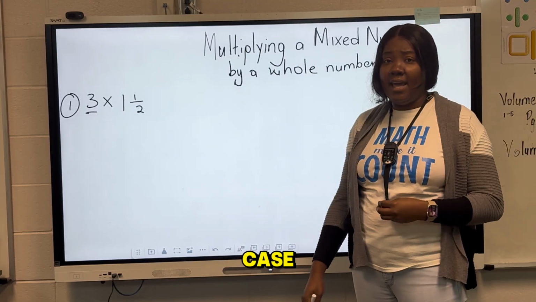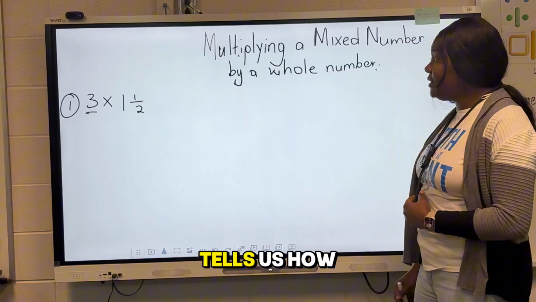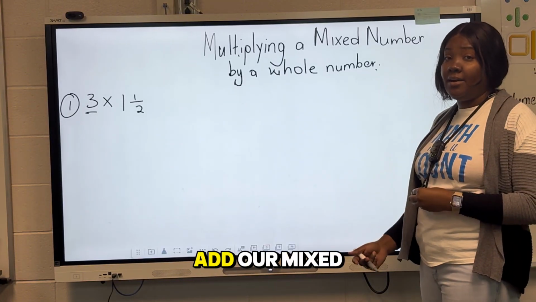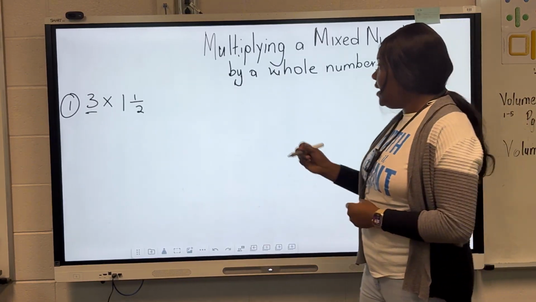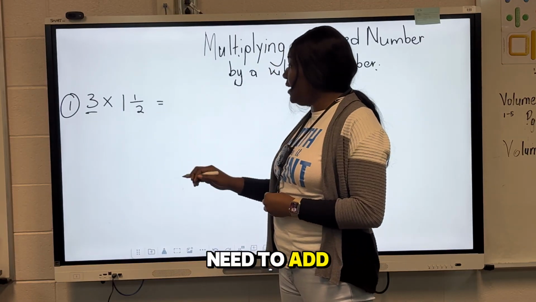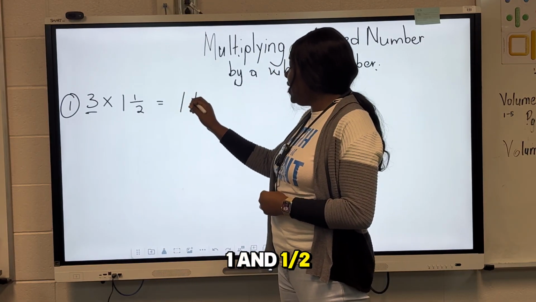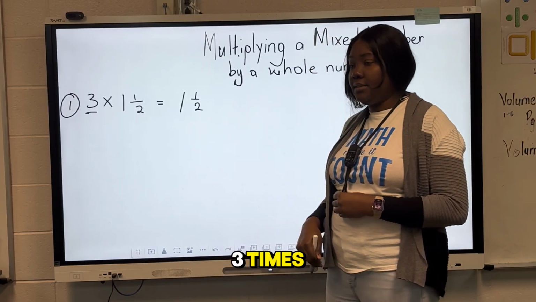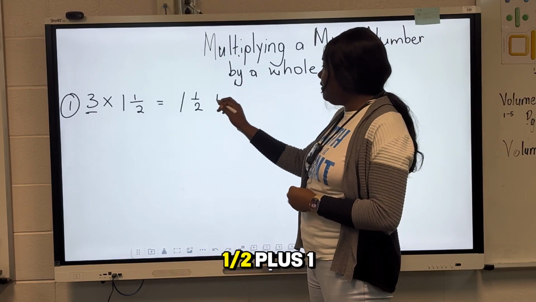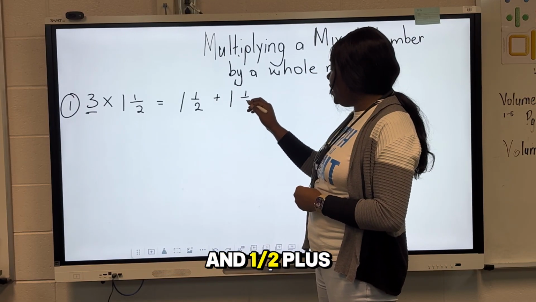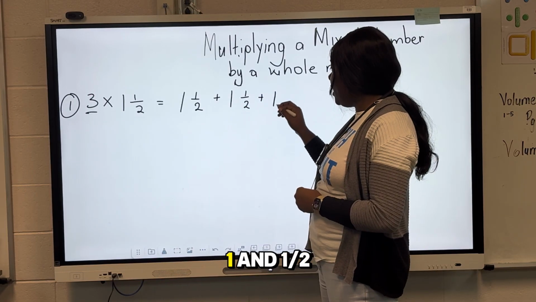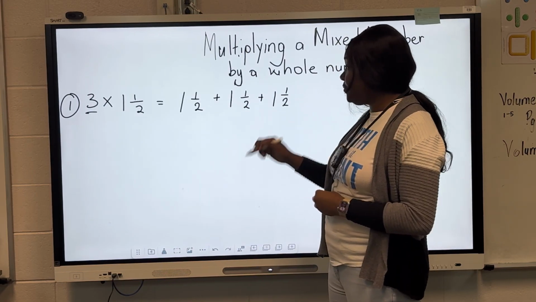And in this case, the whole number tells us how many times to add our mixed number. This means I need to add 1 1/2 3 times. So it will be 1 1/2 plus 1 1/2 plus 1 1/2.